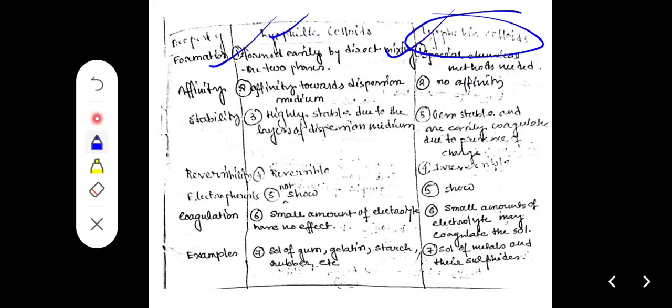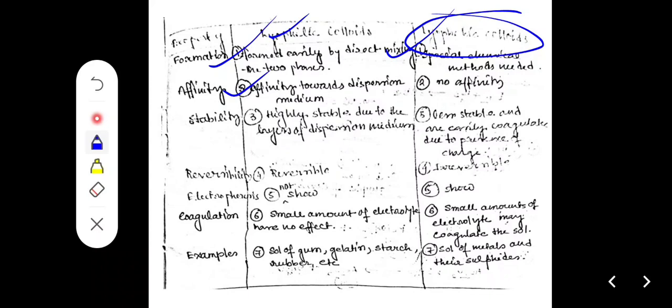Affinity: we can also say lyophilic and lyophobic. If the dispersion medium is water, we say hydrophilic or hydrophobic, but if the dispersion medium is not mentioned, we say lyophilic and lyophobic. In a lyophilic colloid there is affinity toward the dispersion medium, and in a lyophobic colloid there is no affinity toward the dispersion medium.